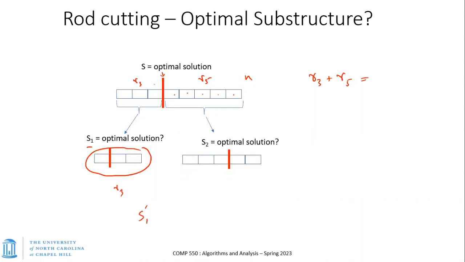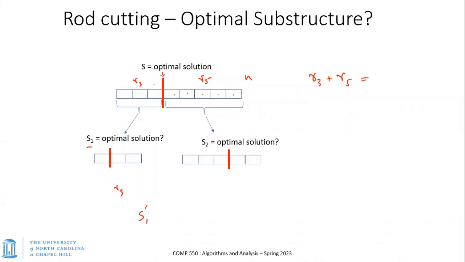We're saying that that is an optimal solution, so we're starting with that assumption. What kind of proof are you basically hinting at?